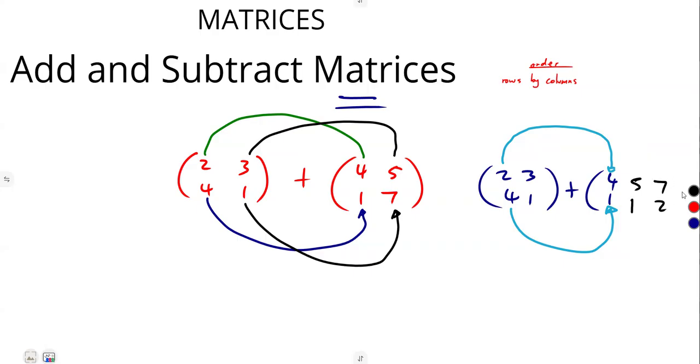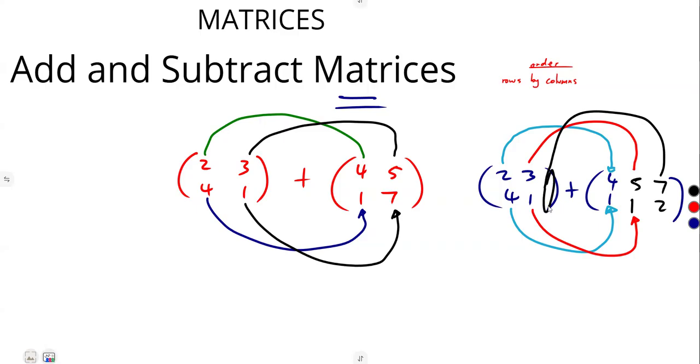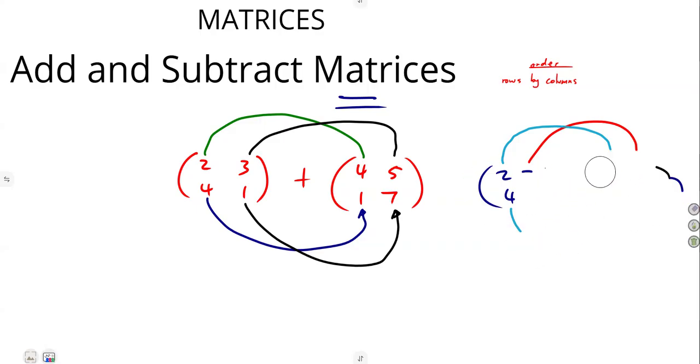You are going to see that, all right, 3 was going to correspond to 5, 1 was going to correspond to 1. But what about these two elements, 7 and 2? They do not have a corresponding element in the first matrix. So as long as the order is different, addition will be impossible.